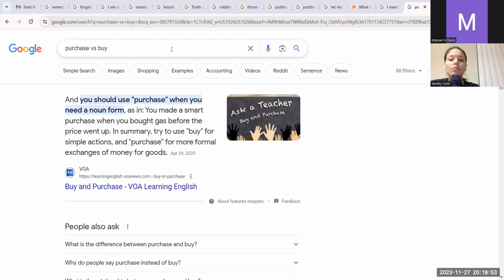I purchased this refrigerator. I purchased this car. Purchase means there are receipts, there is proof. It's more formal, stronger.